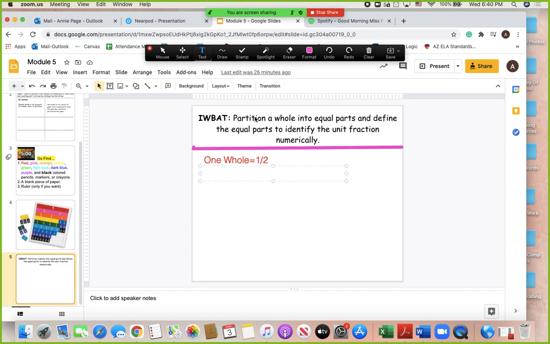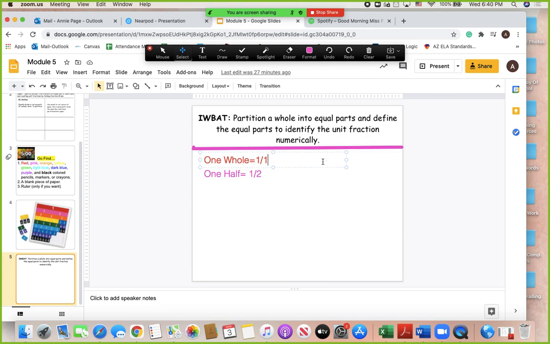The next one is 1 half, 1 over 2. 1 whole is 1 part of the whole thing, 1 slice. 1 half is 1 slice out of 2.